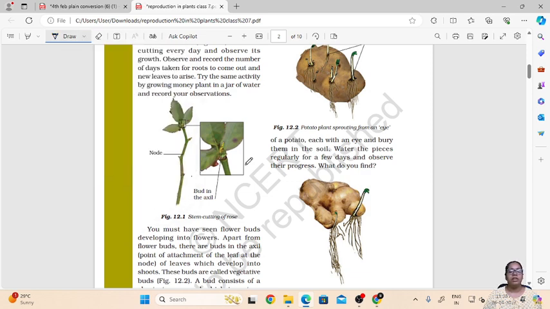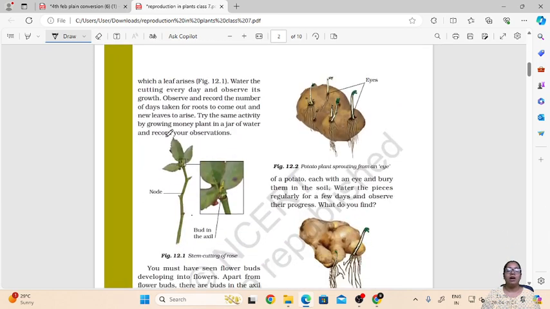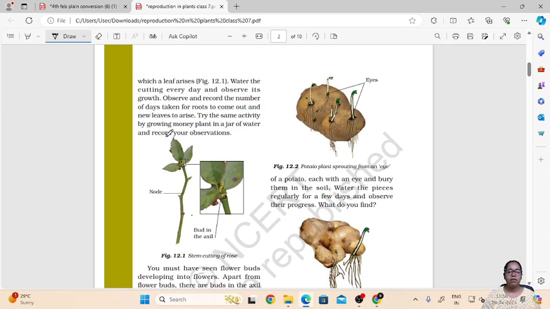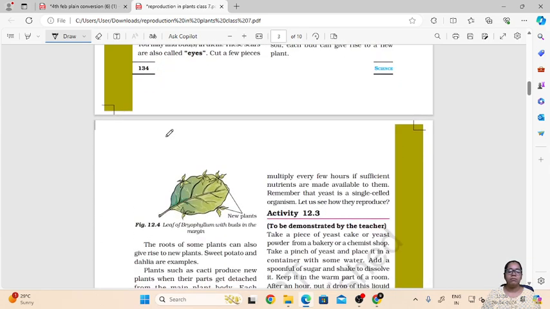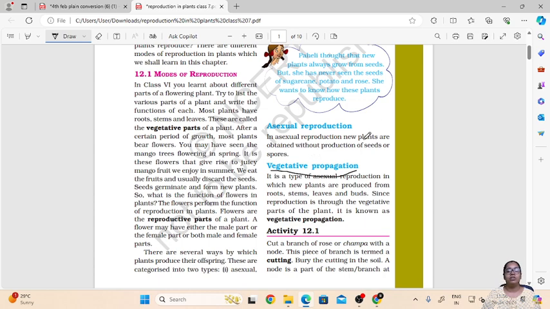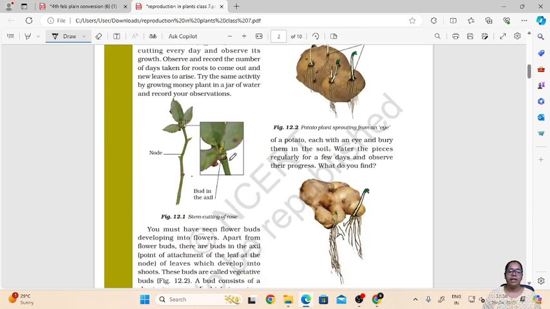So the first mode of asexual reproduction is vegetative propagation. So how vegetative propagation takes place in plants is by cutting and budding.